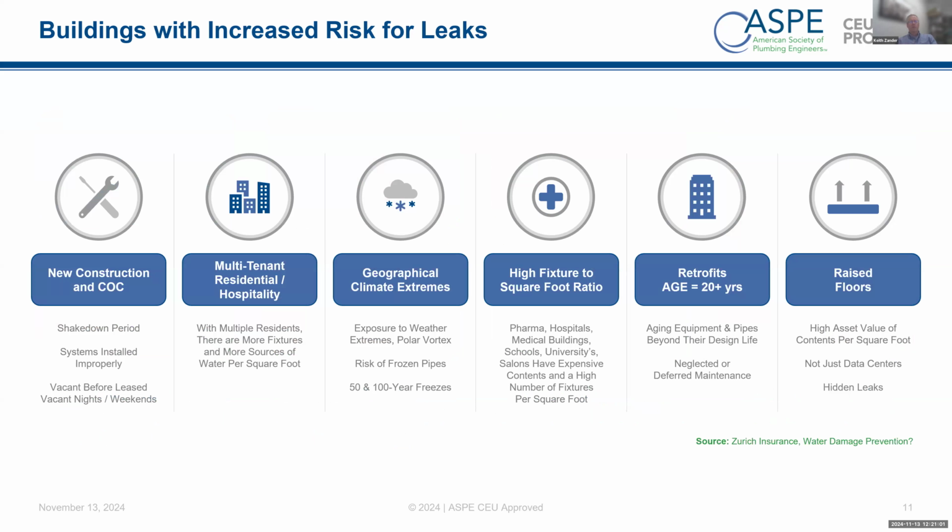So, buildings with increased risk of leaks. New construction, obviously you've got a shakedown period on that. Some of the pipes, when you do pressure testing, may hold the initial pressure test, and then they expand and contract over time, summer, winter, and then they let loose. So we see that quite often.